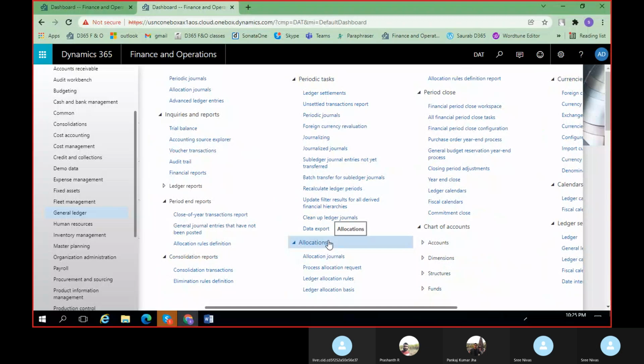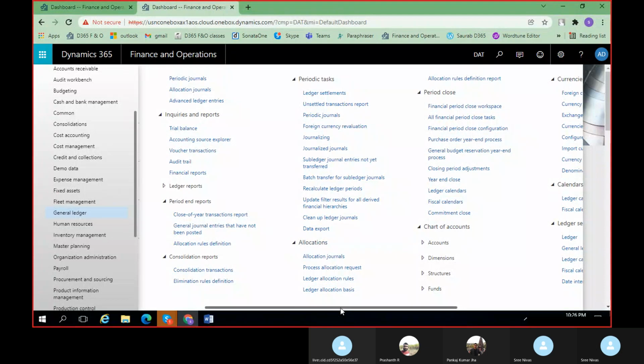If the IT department is located on the first floor and the finance department on the second floor, it is obvious that the IT department will have more electricity usage. So the allocations are for any expenses commonly used in an organization, and all those allocations you will configure under this one.